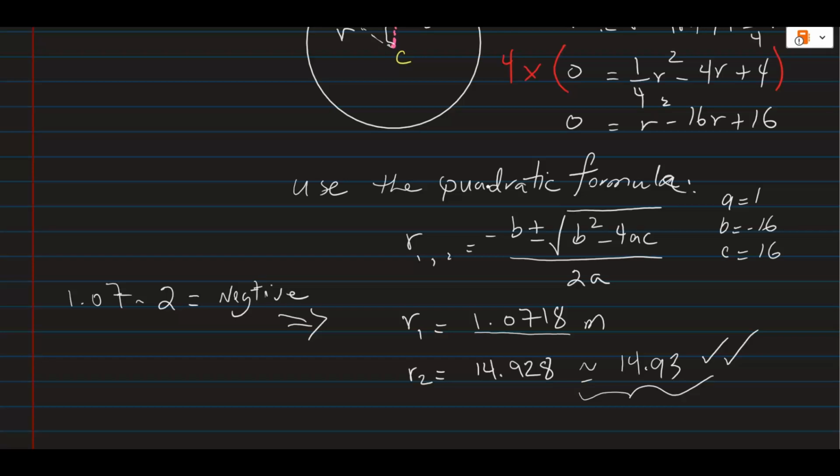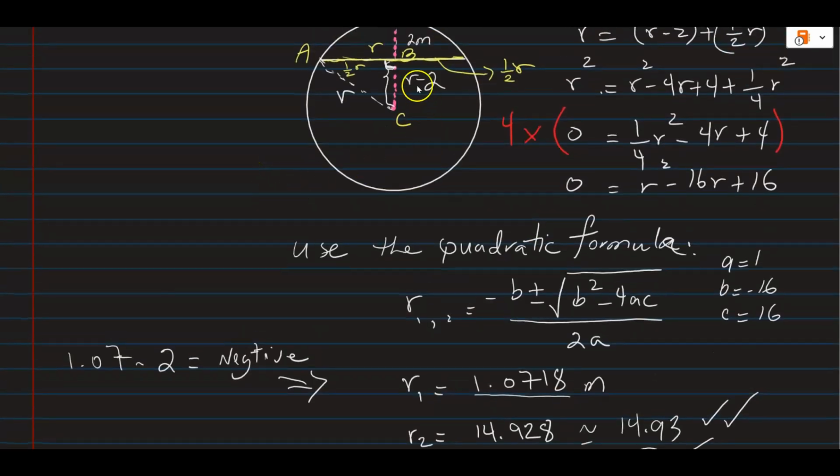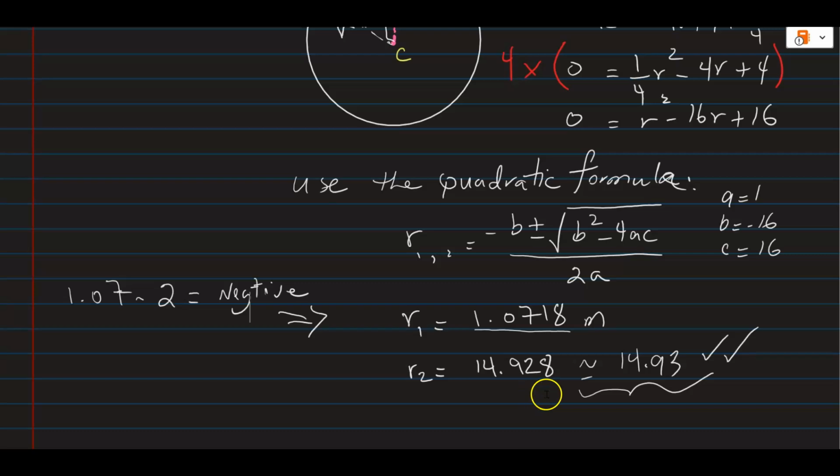So the negative measurement doesn't make sense in this context, and therefore the R value has to be 14.928. That is our value, and that's the answer to this question.